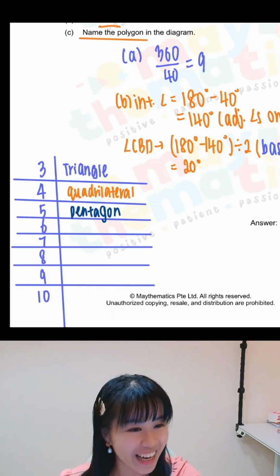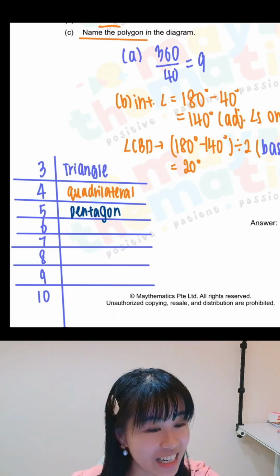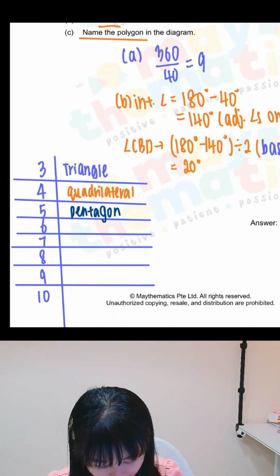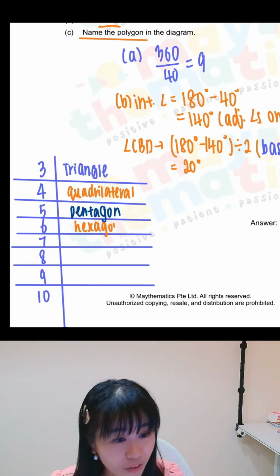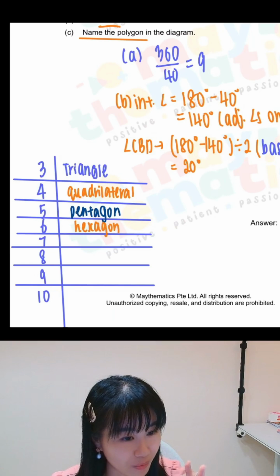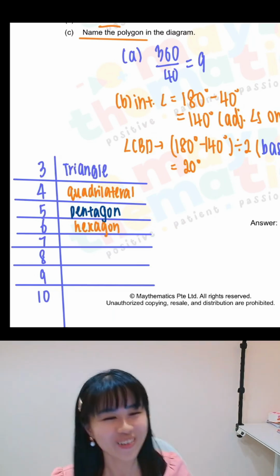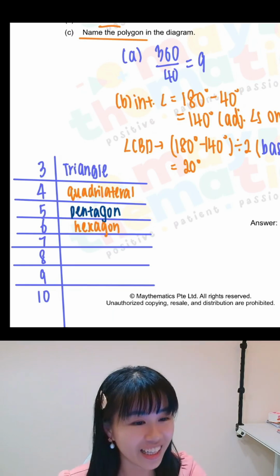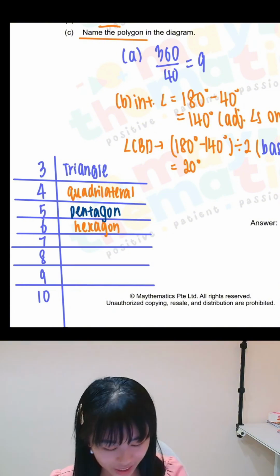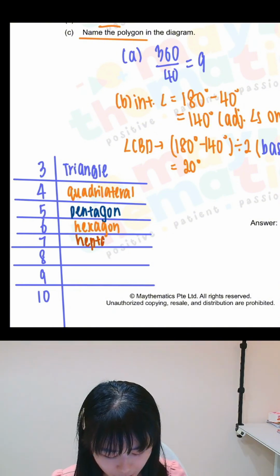Okay, next one. 6 is hexagon, Sherry. Hexagon, yes. 7 is very similar to hexagon. 7. Heptagon. Okay, everybody. Heptagon.